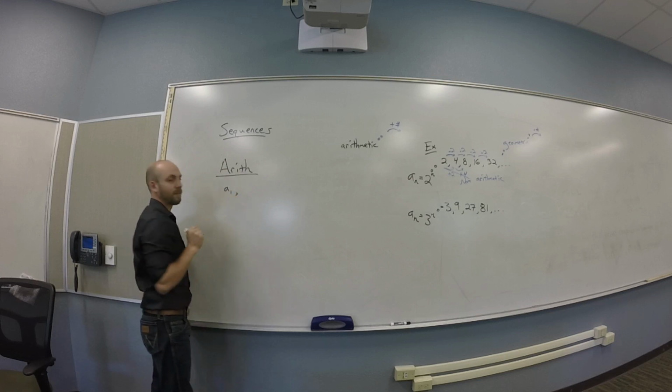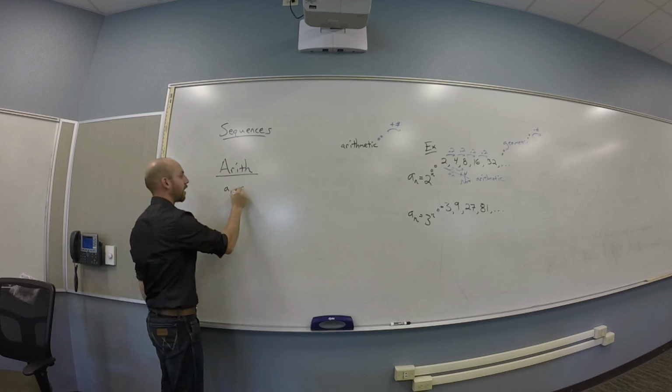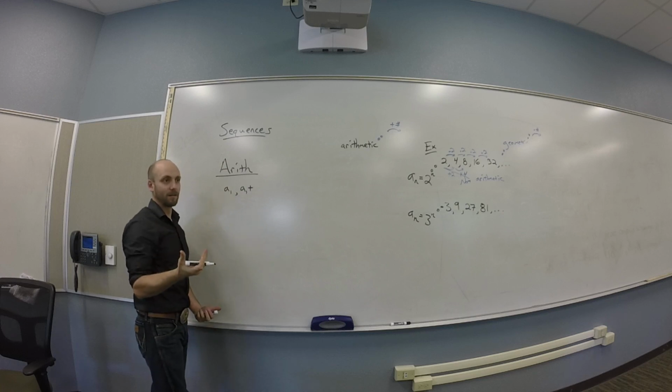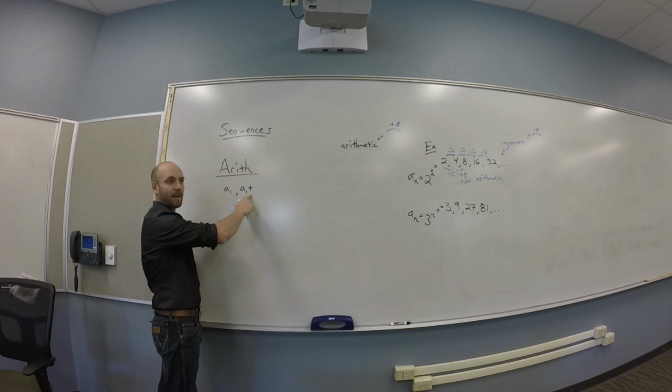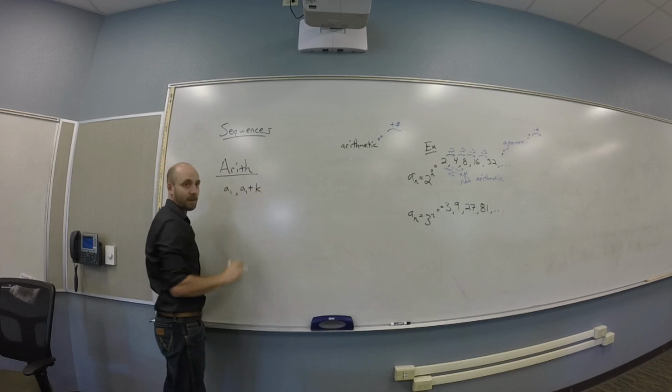And then what's the next thing after A1? A2, which is got from A1 by adding. I'm not sure what the number I'm adding is, right? You guys see that? But to get from A1 to the next thing, I'm adding some number. I'm going to call it k, just for k.